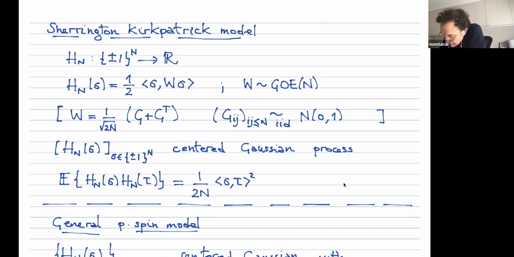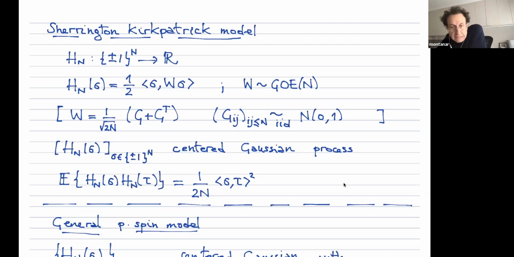Sherrington-Kirkpatrick model. This is a model for a random energy function over the hypercube. It's a function from plus minus 1 to the n to the reals, and the function is simply a quadratic form, sigma transpose W sigma, where W is a GOE matrix, Gaussian orthogonal ensemble.